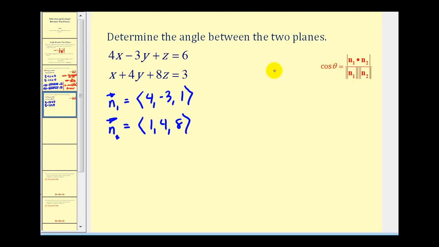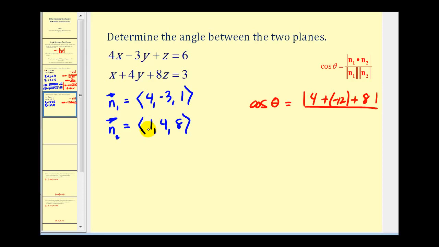Let's go ahead and go over to our formula. Cosine theta is going to be equal to the absolute value of the dot product of these two normal vectors. Let's go ahead and find that. It's going to be 4 times 1, that's 4, plus negative 3 times 4, that's negative 12, plus 1 times 8 would be 8. Now if we take a look at this sum, it's going to be 0.